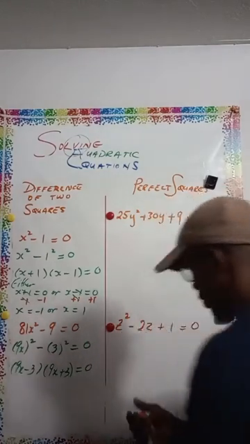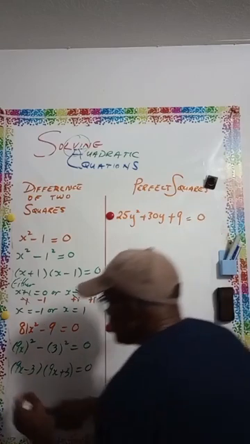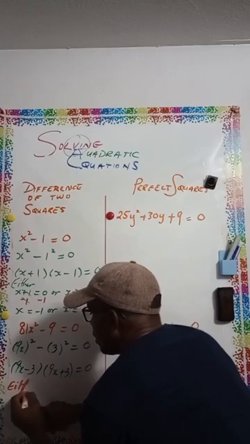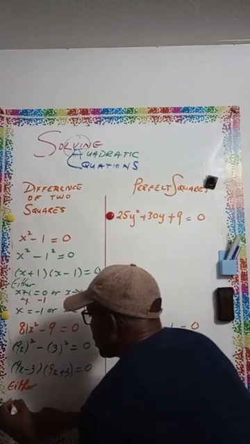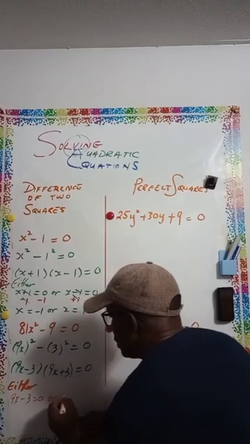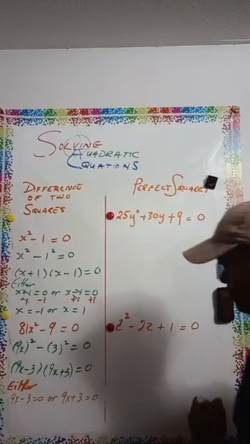Difference of two squares. And from there, we're going to use the word either or. So we're going to have either 9x minus 3 equal to 0 or 9x plus 3 equal to 0.